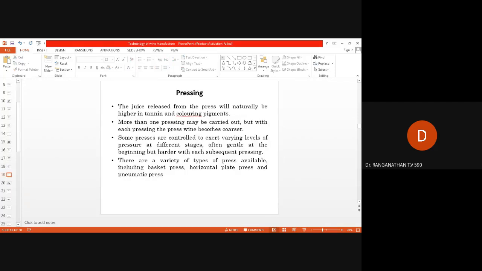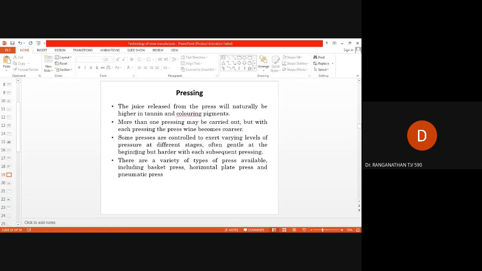So juice is pressed. More than one pressing may be carried out, and presses are controlled to exert varying levels of pressure. Why? For greater extraction of the tannins, which come from the skin, from the seeds, etc. You know normally that when the seeds are pressed, you get a very tart taste.